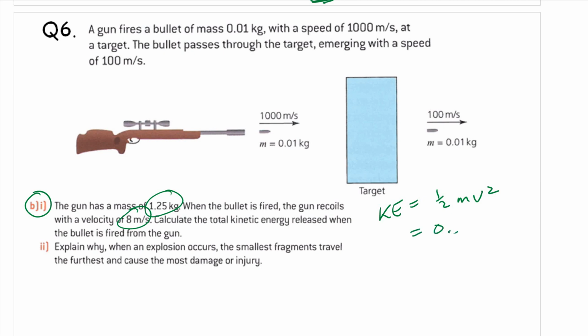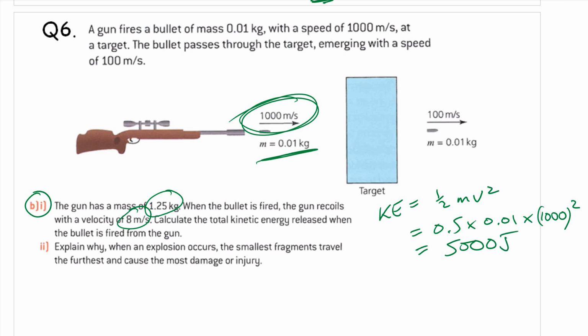The kinetic energy of the bullet is 0.5 times its mass, 0.01, times its initial velocity squared. Notice how I'm putting brackets around 1,000 so I'm not getting confused. And we get the answer 5,000 joules. Okay?